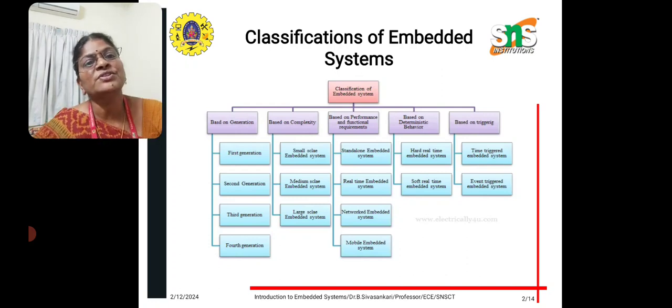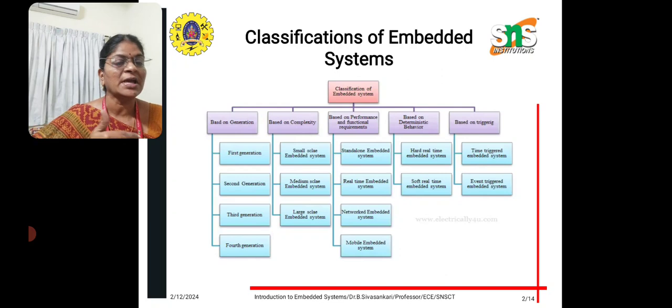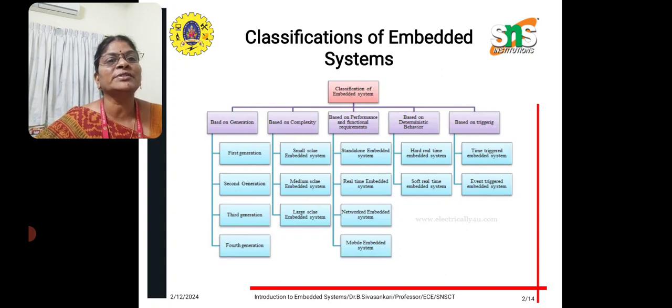So based on generation, it is classified into 4 types, that is first generation, second generation, third generation and fourth generation. And second, based on complexity, is of 3 types: small scale embedded system, medium scale embedded system and large scale embedded system. And the third one is based on performance and functional requirements, which has 4 types.